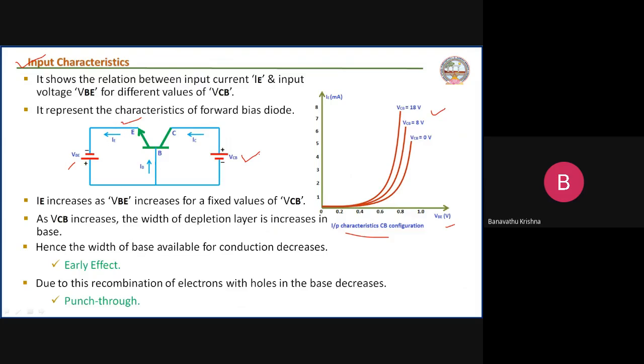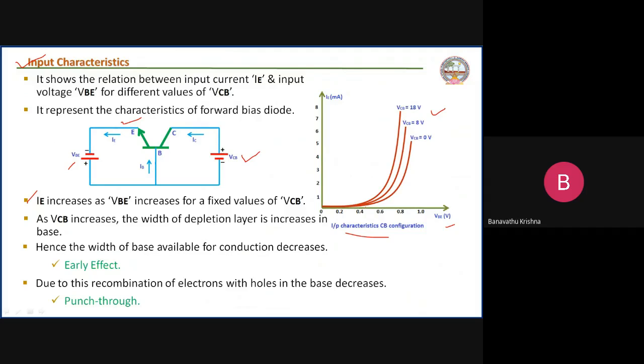This region is actually a forward biased diode. Let us see here, IE is going to increase as we increase the VBE. Here it is a silicon transistor.